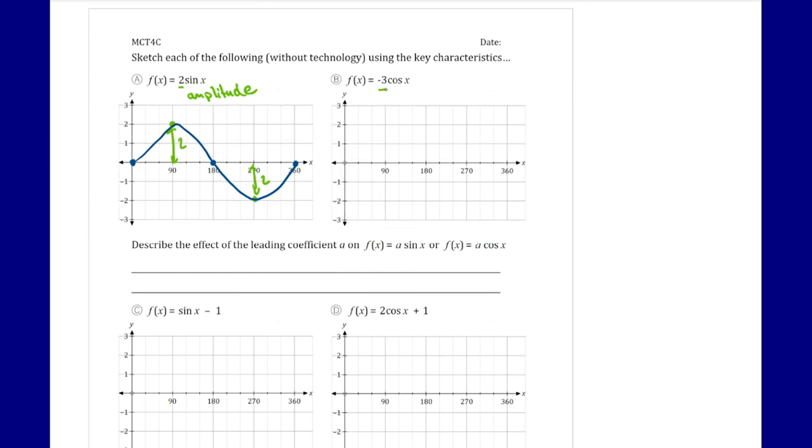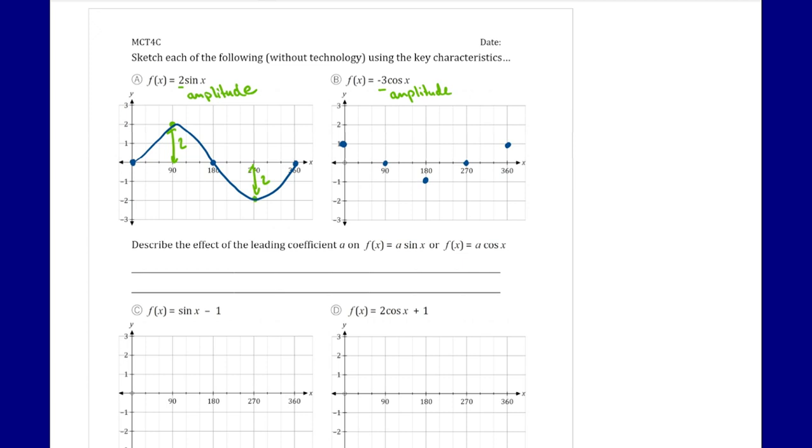For B, -3 cos x, again, the 3 tells us the amplitude. And from the previous one, it tells us what the distance from the midline to the height should be, as well as the negative there is telling us that it should be flipped. So I'm going to put down my original graph, because it is always helpful to know the original and then change it based off of these new values.